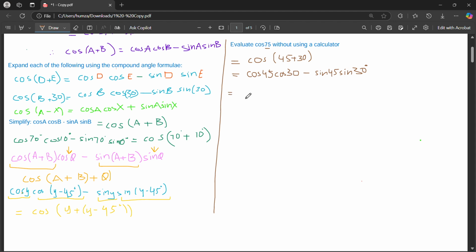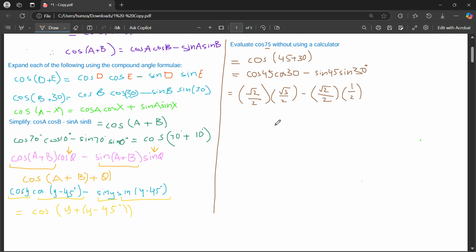Now cos 45, we know what this is equal to. It is root 2 over 2. Cos 30 is equal to root 3 over 2. Again, sin 45 is equal to root 2 over 2, and your sin 30 is equal to a half.